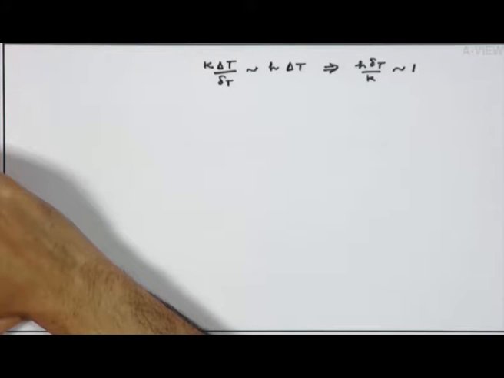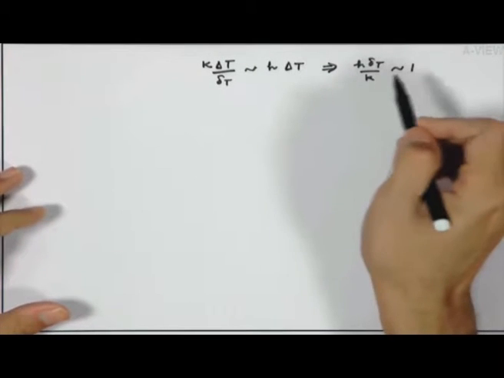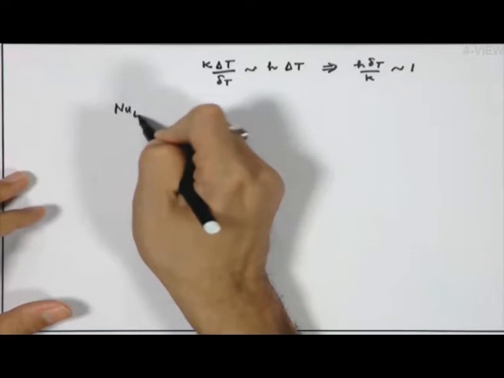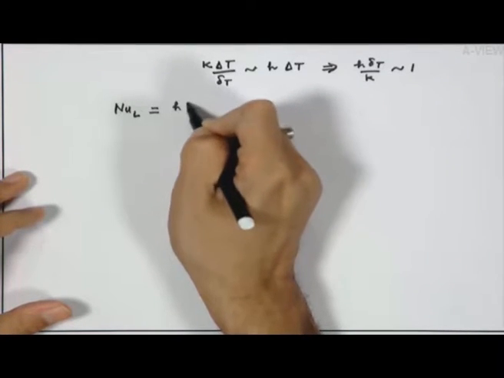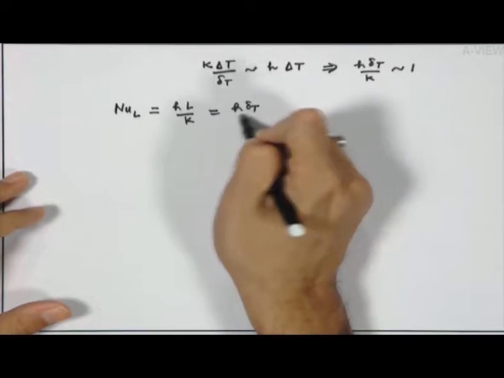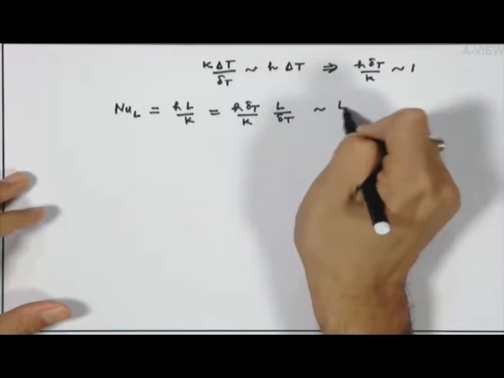Okay. So, h delta T by k is of the order of 1, but our objective is to calculate the Nusselt number based on L. This is h L by k. So, this is h delta T by k into L by delta T. So, this is of the order of L by delta T.